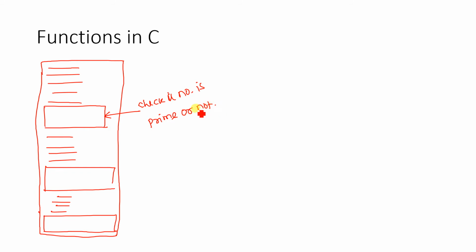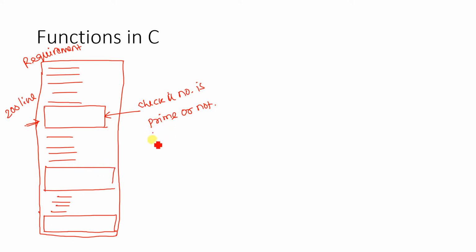This is the requirement of your program: you are trying to solve a problem where there are 200 lines, and out of that you need to write code for checking whether a number is prime or not, and you are going to write it 3 times in your program.